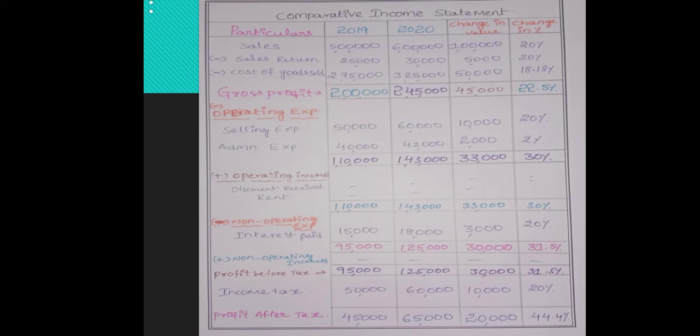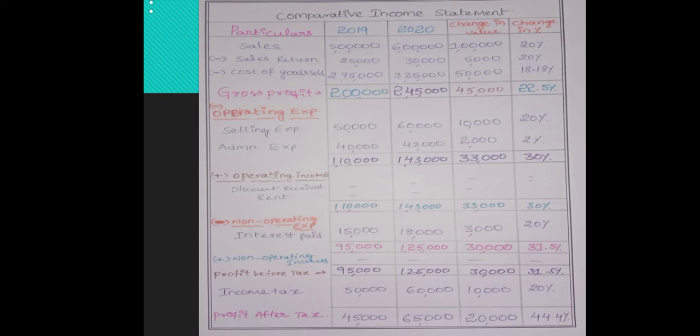Next, operating expenses. So the pro forma of comparative income statements: sales minus sales returns and cost of goods sold, then we got gross profit.